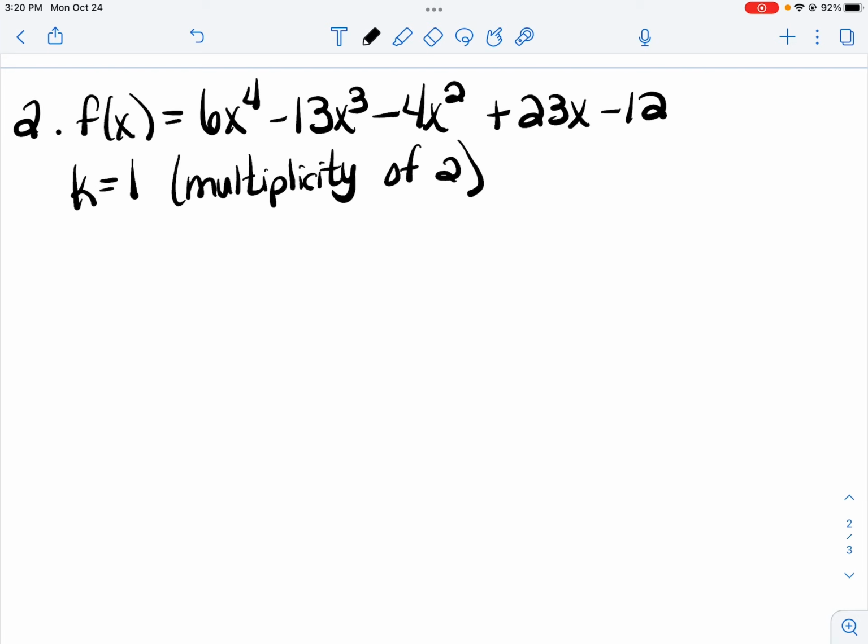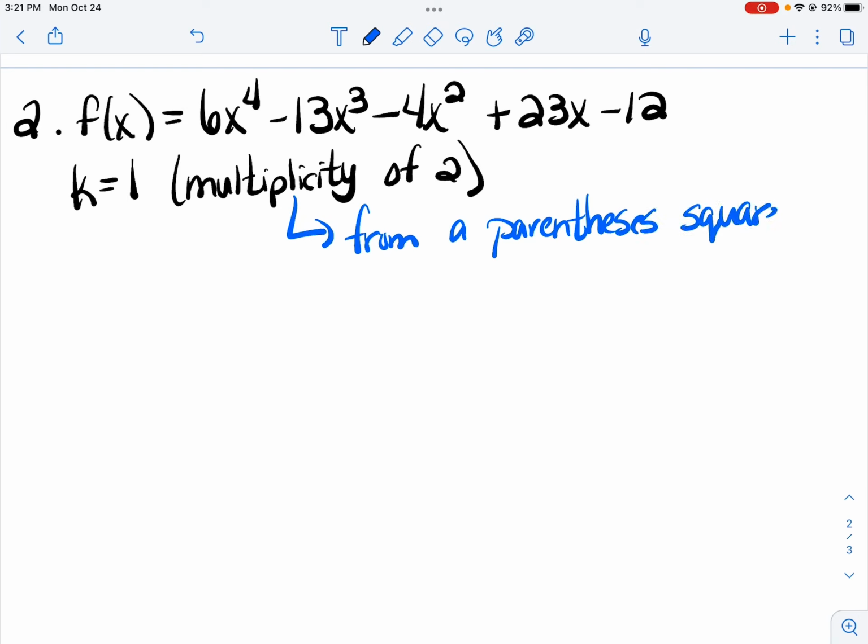When I see that multiplicity of 2, what that tells me is this comes from a parenthesis that's squared, or it's what we call a double root.